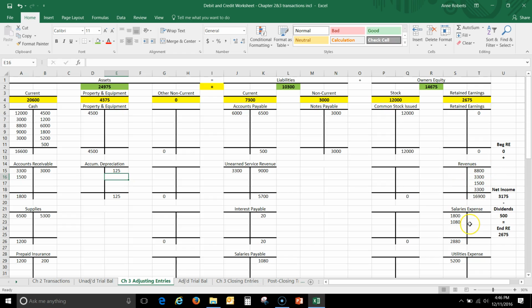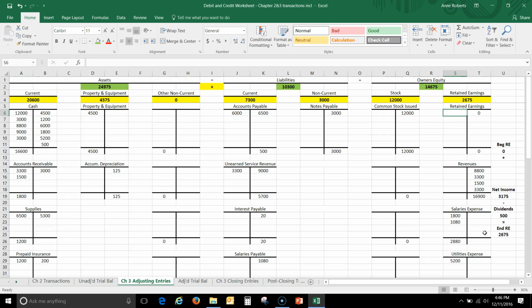All of the revenues, expenses, and dividends are recorded in their own separate accounts, and we don't have any direct effect on retained earnings during the month. We only have an effect on retained earnings at the end of the month once we close revenues, expenses, and dividends.